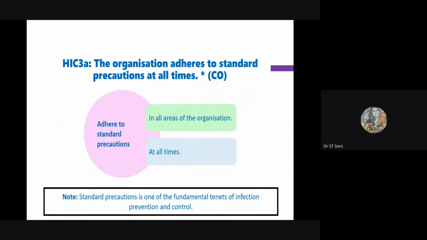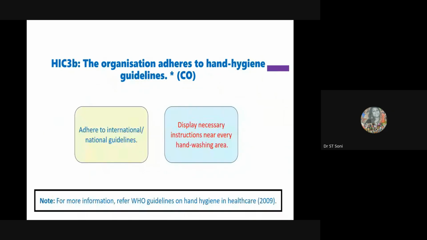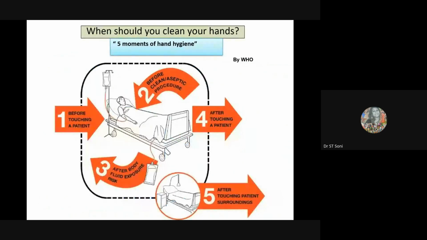Then, adhering to the standard precautions in all areas of the organization at all times. Okay, hand hygiene adherence is one of the simplest solutions to reduce the transmission of infection and also to decrease the rate of healthcare associated infection. Okay, so display is necessary in all areas.